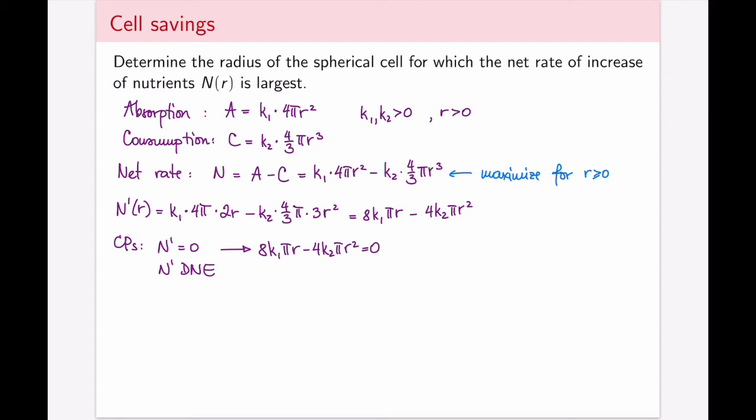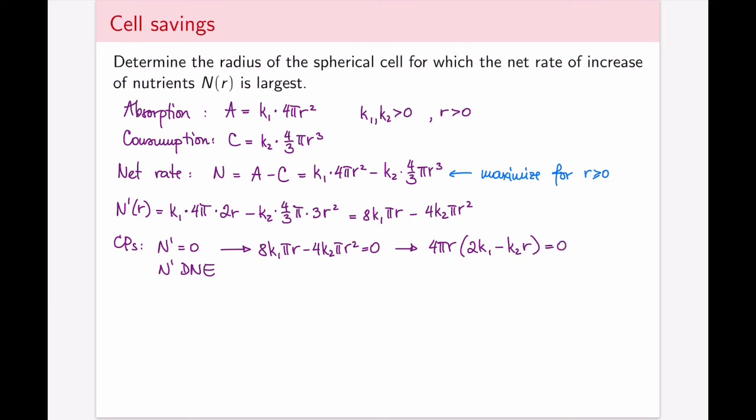So what are the things that these two terms have in common that I can factor out? I can take out 4, I can take out pi, and I can take out one of the r's. So overall, I can take out 4 pi r. What I'm left with is 2k1 minus k2 r.